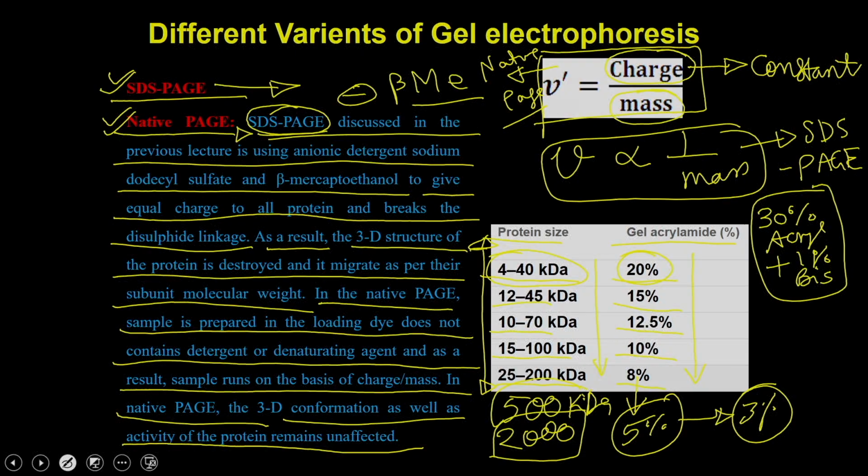Apart from that, suppose you have proteins of lower size, for example amino acids which you are interested in resolving on the acrylamide gel. Then you cannot go beyond 20%, because that is the maximum you can prepare from the 30% acrylamide solution. But the 30% acrylamide solution has only 1% bisacrylamide.